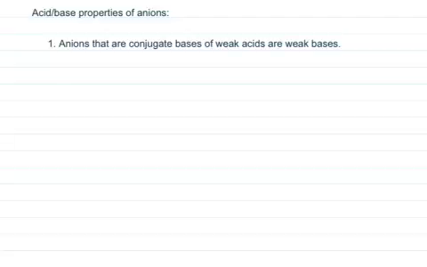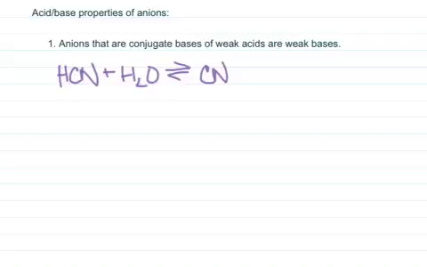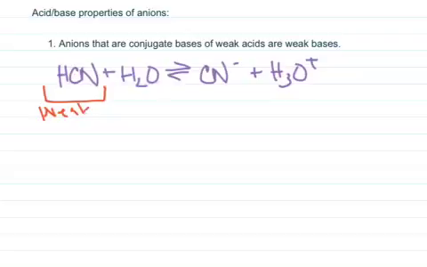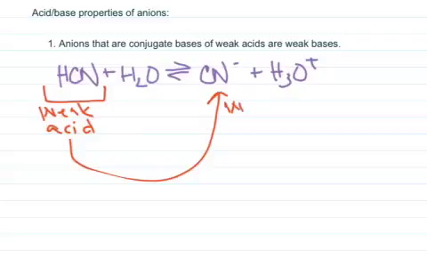We have HCN plus our water forms CN minus plus hydronium. Now we know HCN is a weak acid because it's not one of the 6 strong acids, so that means its conjugate needs to be a weak base, which is the anion, CN negative.